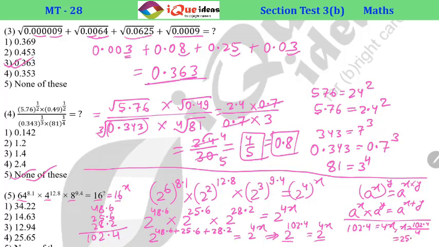Alright, so it is 25.6. So if you look at the options, 1024, it is straight away 25.6. So here I think the answer should have been 25.6. Which in the fourth option it says 25.65, but I suggest that it should have been 25.6.